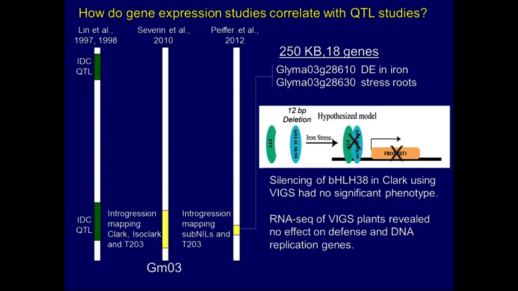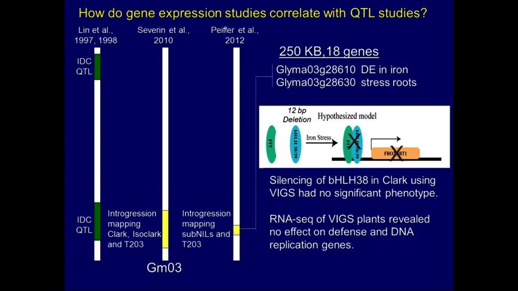That was originally mapped in 1997, and then this has been successively narrowed down to a 250 kb interval. Within this interval, there were 2 known basic helix-loop-helix transcription factors, which according to the literature in Arabidopsis regulate iron uptake. And so these were identified as the candidate genes.